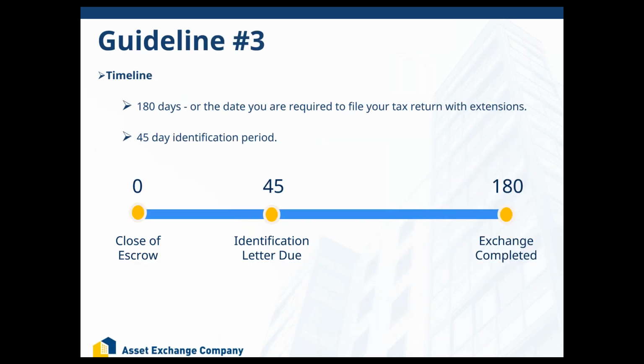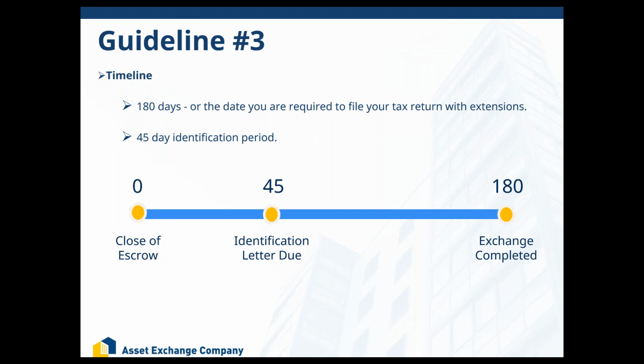Now, there's some timelines everybody needs to be aware of. When you sell your relinquished property, you're going to have 180 calendar days to purchase any replacement property or properties. And that's calendar days. That's holidays. That's weekends. Hey, folks, we live in Florida.